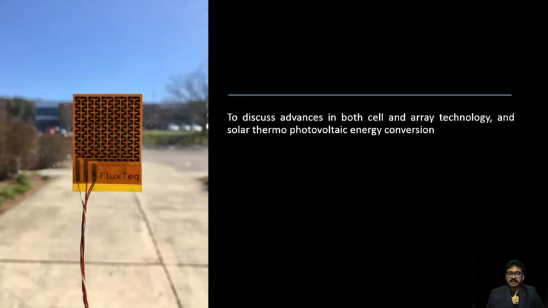Next one: to discuss advances in both cell and array technology and solar thermophotovoltaic energy conversion. We know that solar energy reaching a spacecraft outside the atmosphere is not filtered. We are lucky that we have an atmosphere on Earth. Because of the atmosphere, stratosphere, mesosphere, all those layers, whatever heat we receive from the sun is very much less than what is actually present in space.